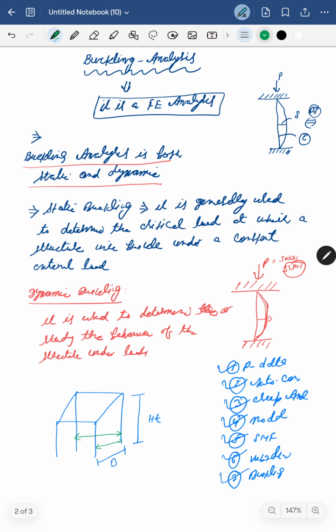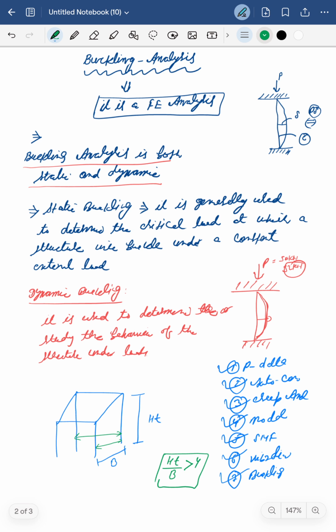So when the ratio of the height of the structure to the least breadth of the structure is greater than 4, in that condition you need to check the buckling analysis, meaning you have to perform the buckling analysis in that structure.